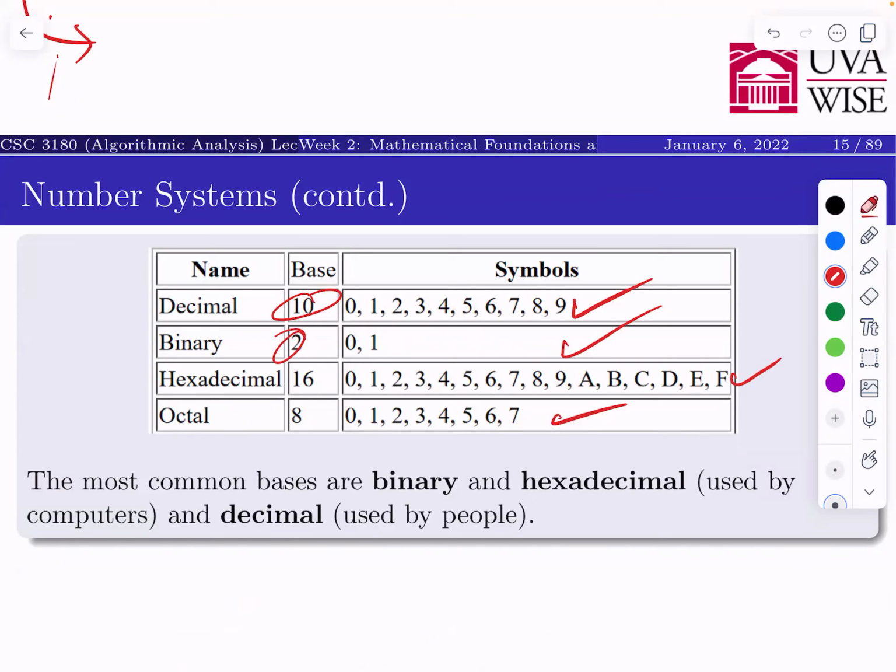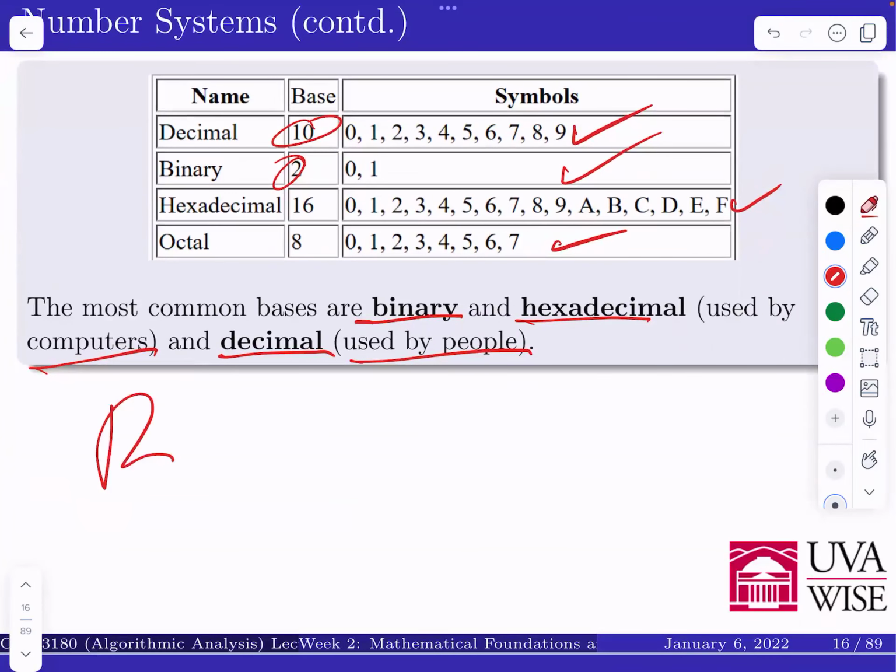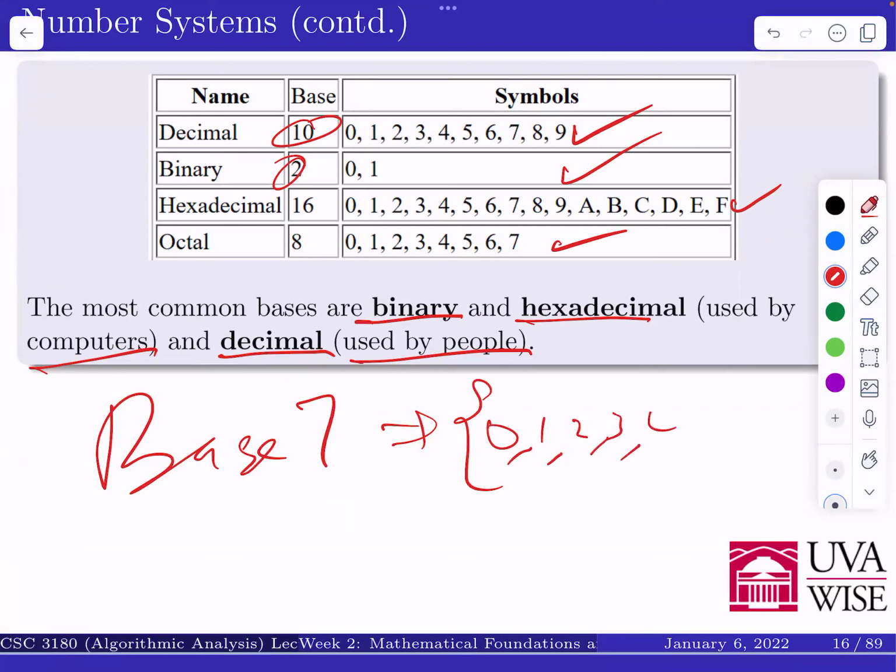So the most common bases used by computers are binary and hexadecimal, and decimal is used by people. Look at it again. If you want to make up a base 7 number system, you're going to have 0, 1, 2, 3, 4, 5, 6. 7 will not be included.